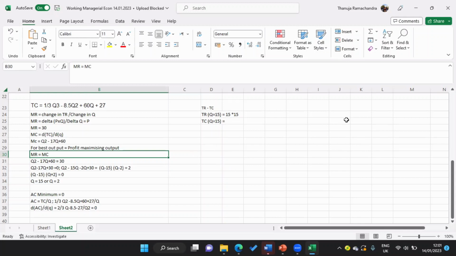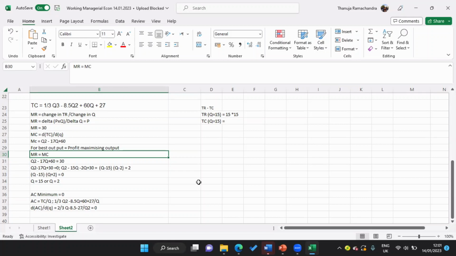So it's going to cut the MC curve at two points. One is Q equal 2, the other one is Q equal 15. Obviously, Q equal 2 is less output. You remember MR is equal to MC. There are two conditions. One is MC equal MR, the first order condition.